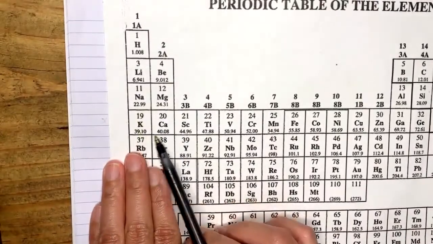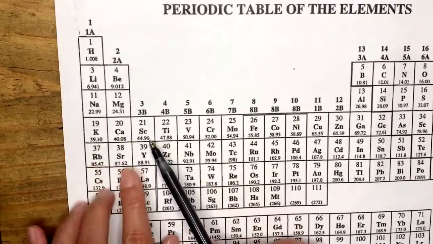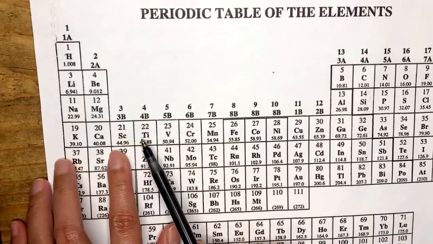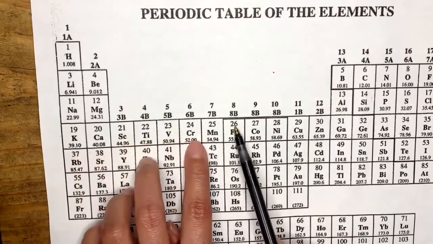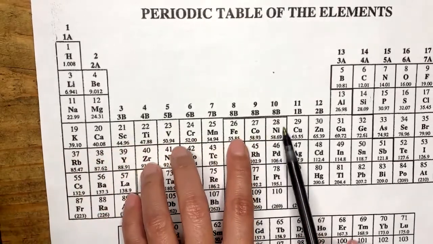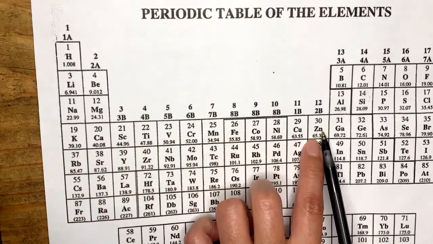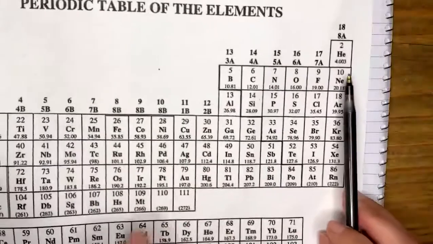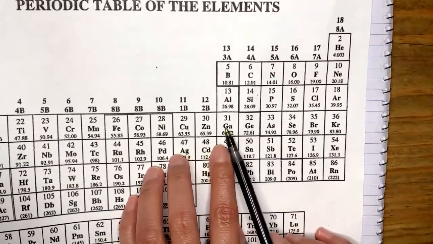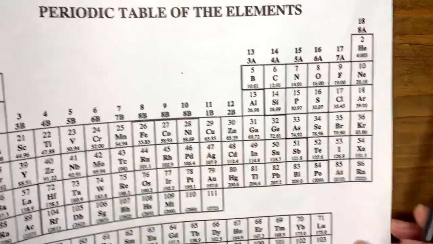This is 4s, level 1, 2, 3, 4, so 4s2, and then you have 3d10. Because d has 5 orbitals, the first, second, third, fourth, and fifth, that's why there are 10 d electrons fitting in 5 separate orbitals. After 3d we go to 4p: 4p1, 4p2, 4p3, 4p4, 4p5, 4p6, and then you just keep going.